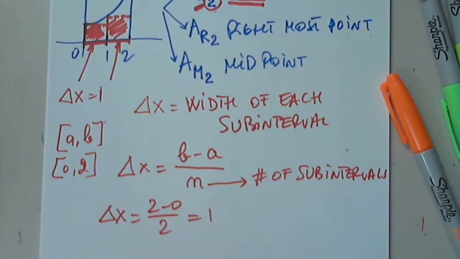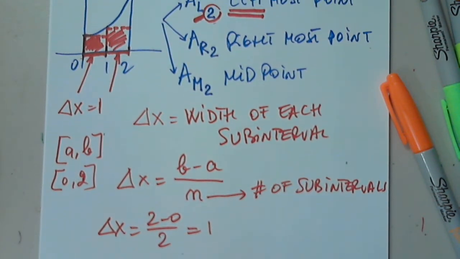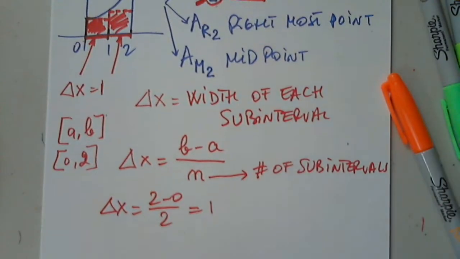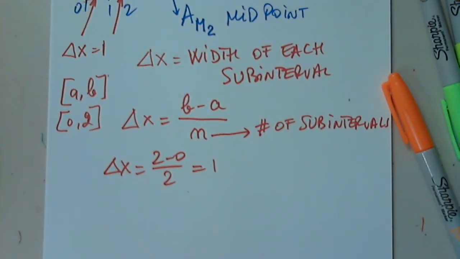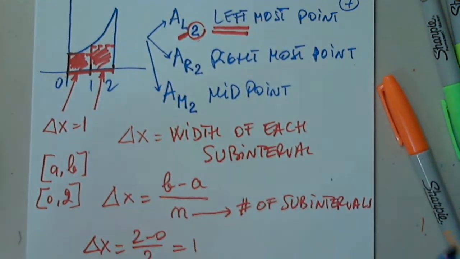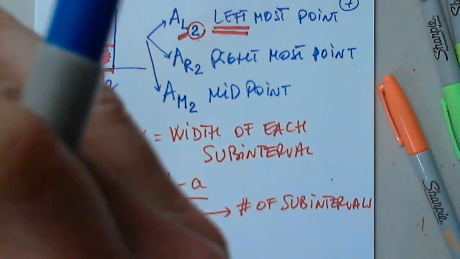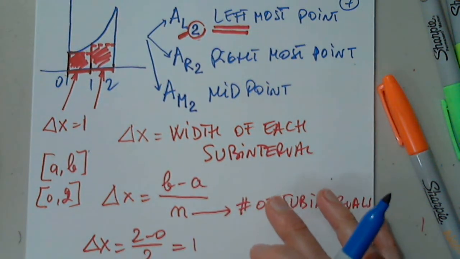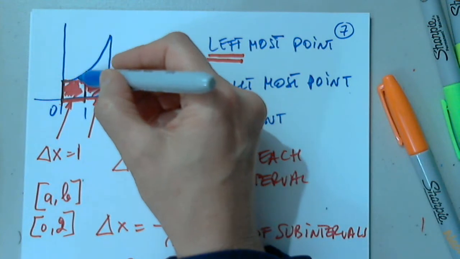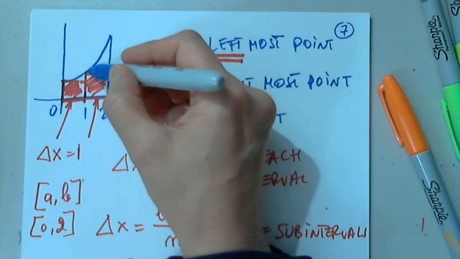And how do I write it? What do you think? Will it be an underestimation or an overestimation? It will be an underestimation, of course, because look at all this piece and look at all this piece.